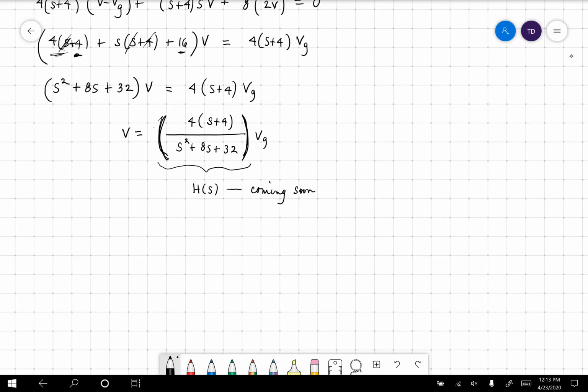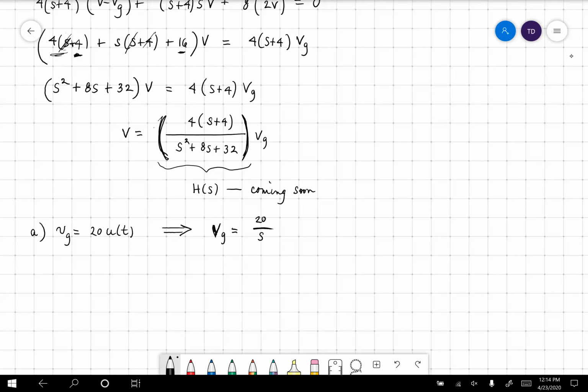So now I'm going to look at part A. And for A, we said, well, in A, VG was 20 times U of T. Here, I need capital VG. What's capital VG? Anybody? 20 over S. Excellent.